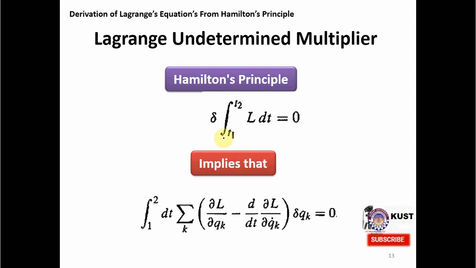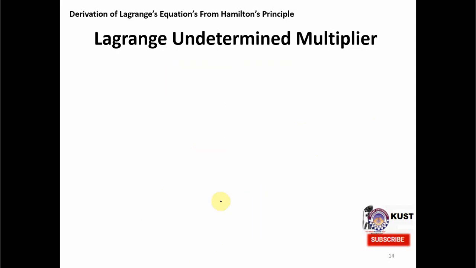So this implies that we have these equations of motion, which we have already done. I am just reminding you so that now we can add the equations of constraints in this procedure, and you remember how it changes the basic principle when there are equations of constraints.